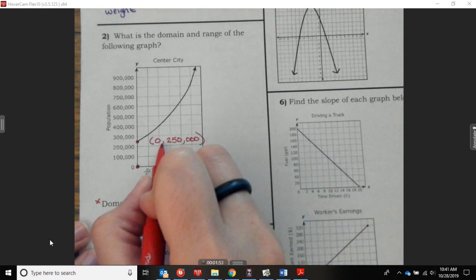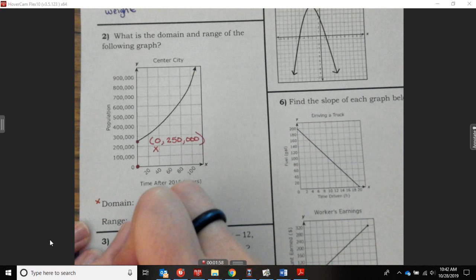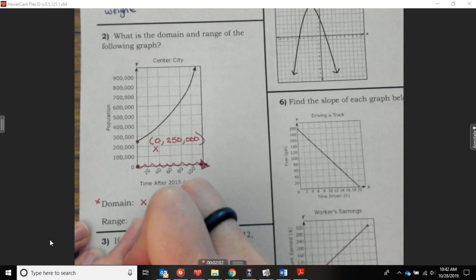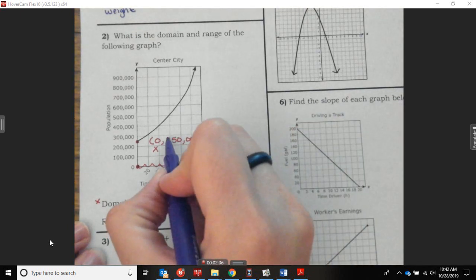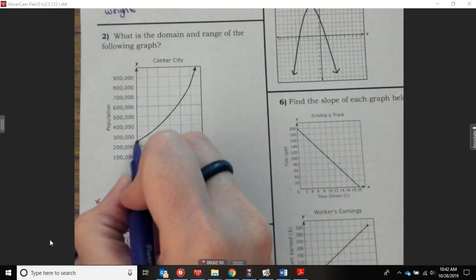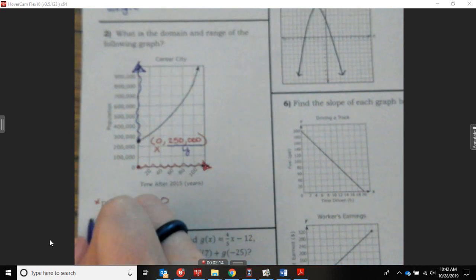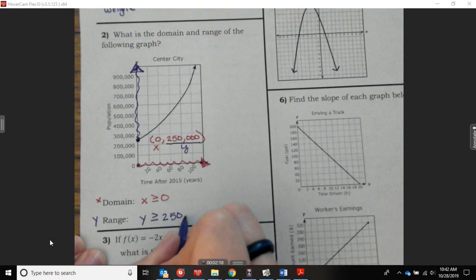So my x value is 0, so x is greater than or equal to 0 because it goes on and on forever. My y value, this 250,000, also gets bigger and bigger forever. So range is y, and it's greater than or equal to 250,000.